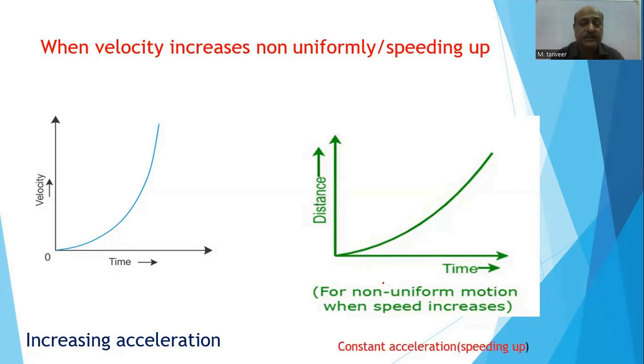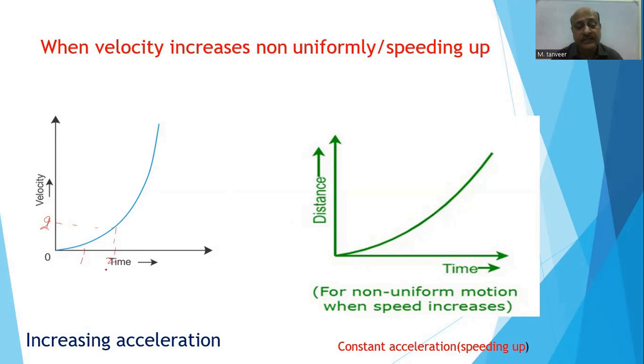Constant acceleration. When you find the acceleration at every instant, in this case, suppose this is velocity, this is the time. Suppose velocity is 1 meter per second, then 2 meters per second, and the time is 2 seconds.